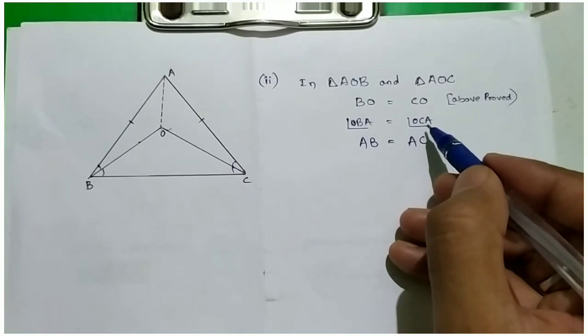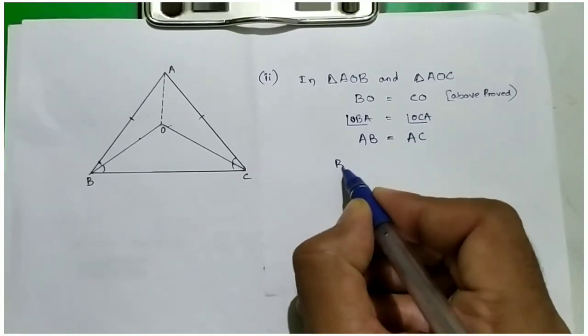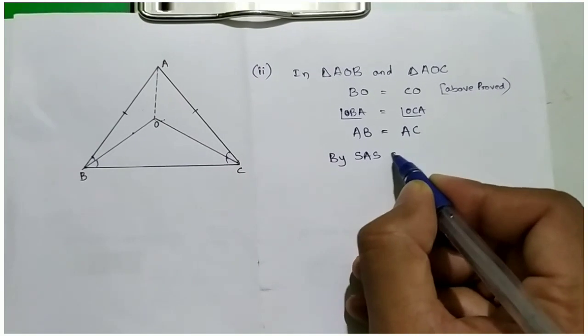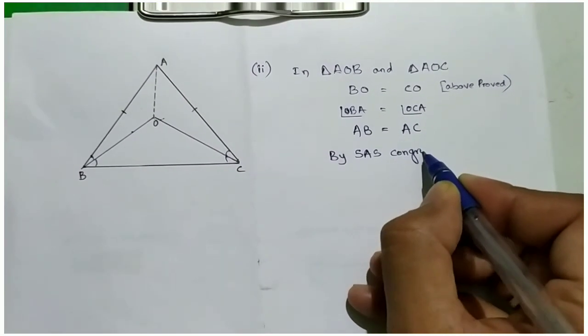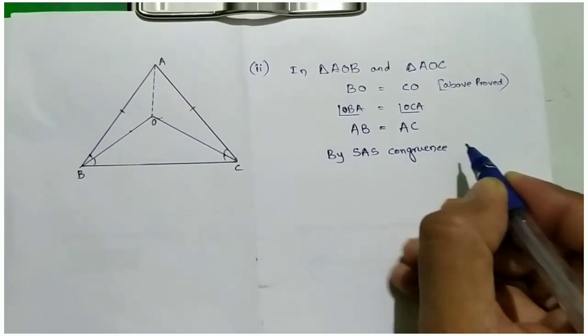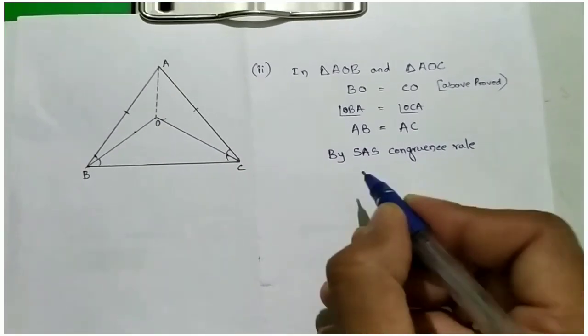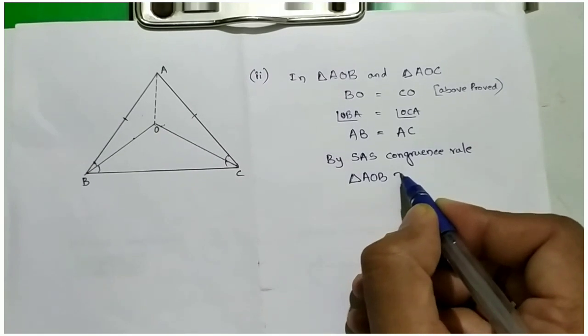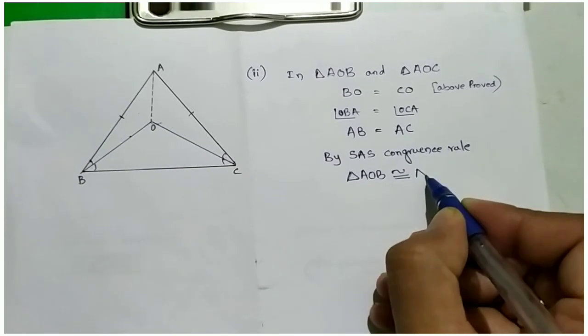So side, angle, side, by SAS congruence rule, triangle AOB is congruent to triangle AOC.